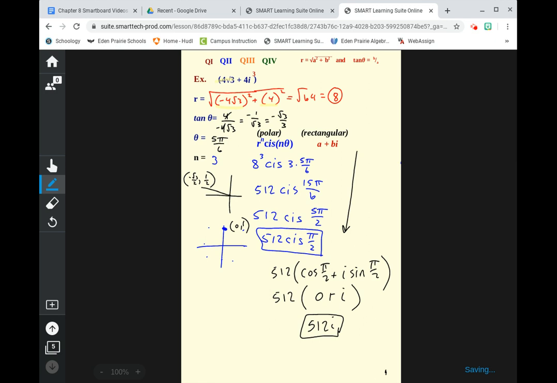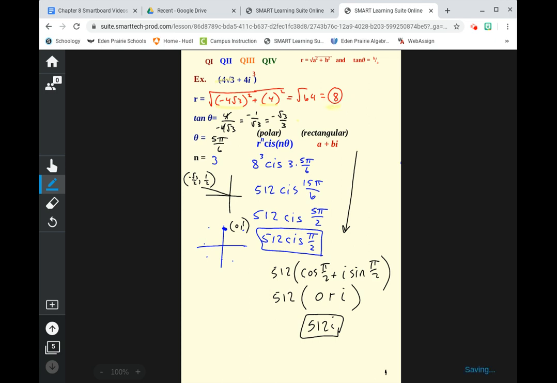Negative 4 root 3 quantity squared is actually 16 times 3. 16 times 3 is 48. And then I add 4 squared, which is 16. 48 plus 16 gives me the square root of 64, which is just 8.